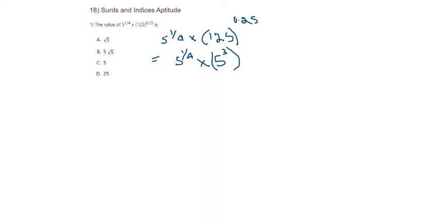Whole square, and your 0.25 can be written as 1 by 4. Similarly, it's very simple. 5 into 1 by 4 plus 3 by 4, which is nothing but 5. So your answer is 5. It's very simple.